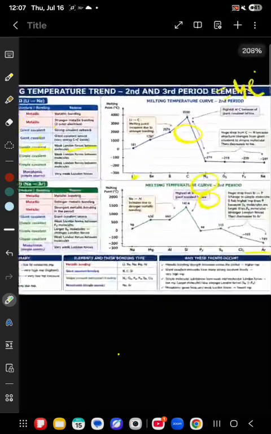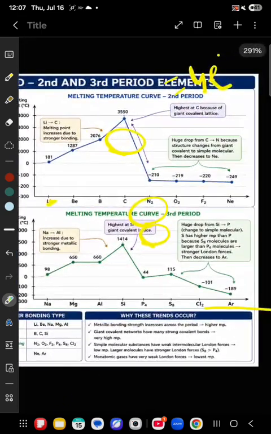You can look at the graph. You can see that at carbon, because of the giant covalent lattice, it is highest. You should know this, never forget this point. Like some things in periodicity, it should be on your fingertips. You don't need to think in your exam about what your examiner is asking. You should be very clear, and these things should be on your fingertips.